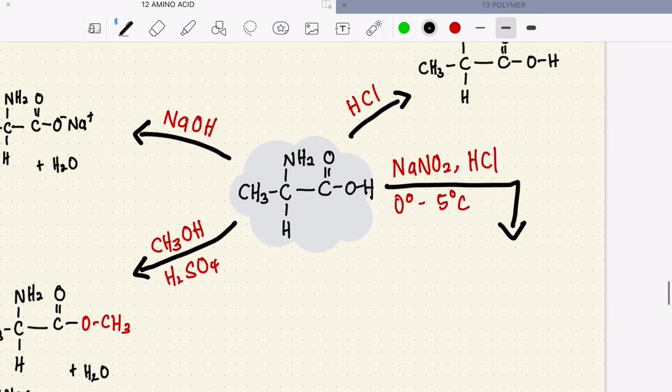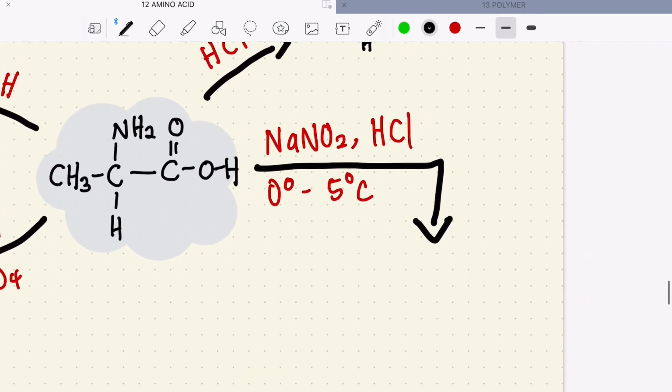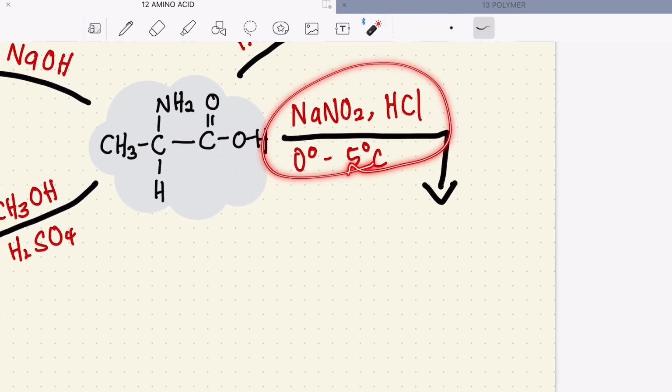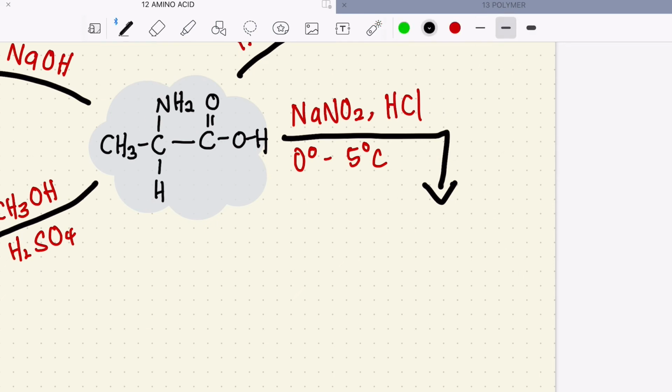And lastly is the reaction of amino acid with nitrous acid. If you still remember, nitrous acid is the chemical test for amines, to differentiate primary amine, secondary amine, tertiary amine, aliphatic, and also aromatic. In this case, if we classify the amine in this amino acid, this is actually a primary amine.